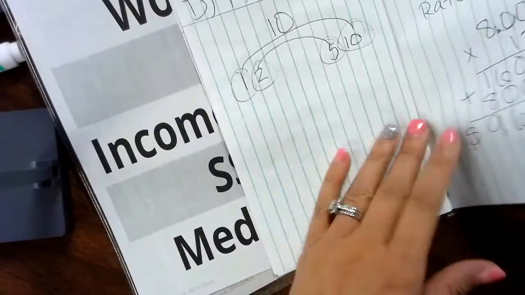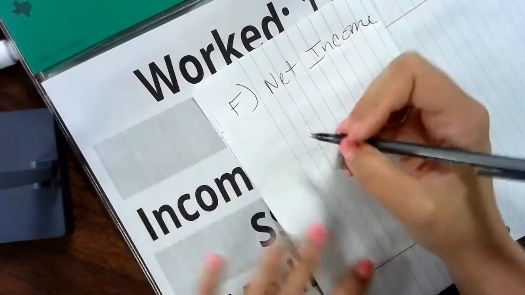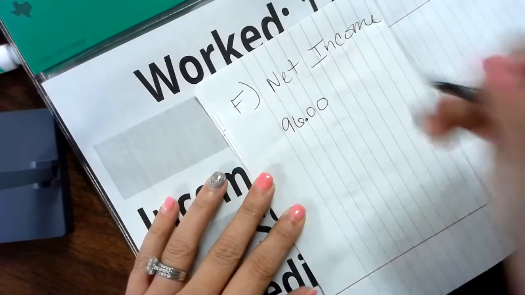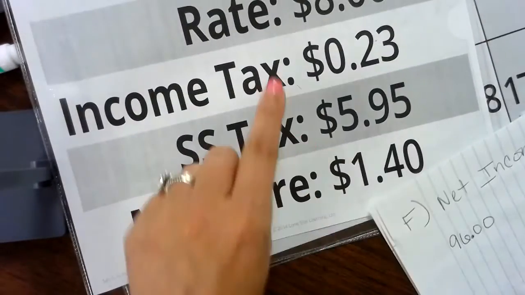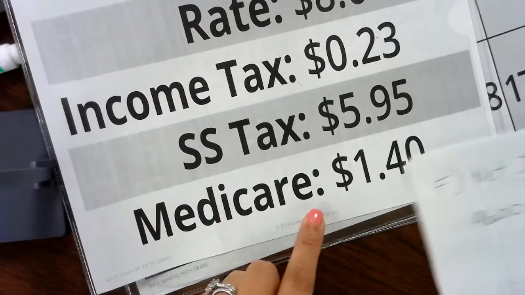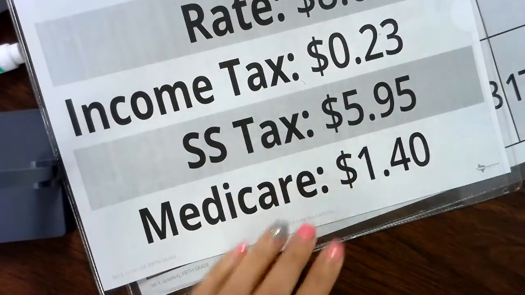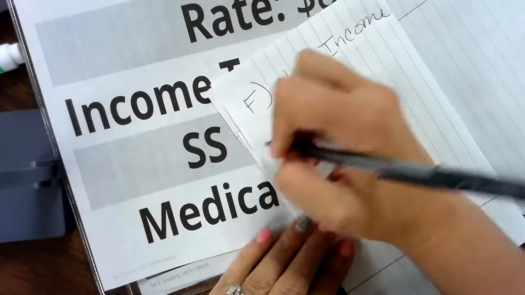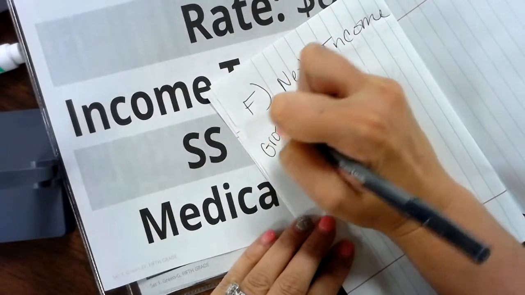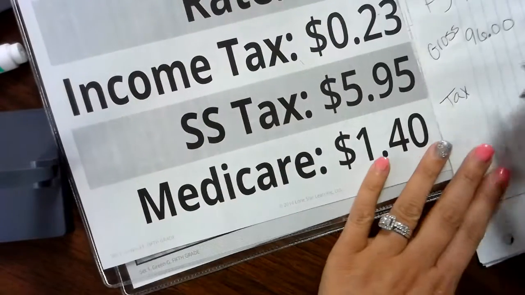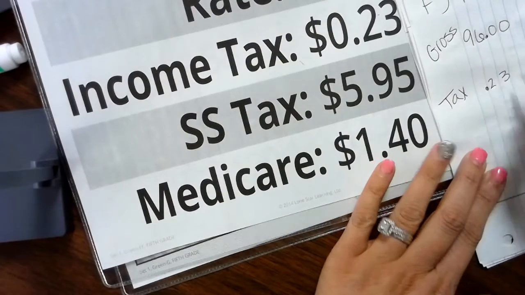Then to find my net income, I'm going to take that $96 that I made, and I have to subtract the taxes. I can either add up all the tax and then subtract, or I can subtract them one at a time. I probably want to add up my tax. So this was my gross. My tax total, well, I'm going to add them up. 23 cents.